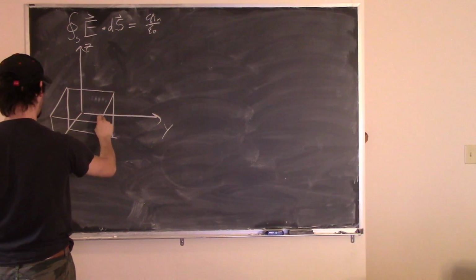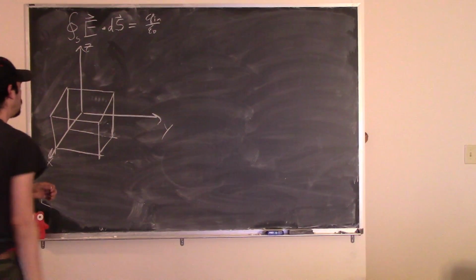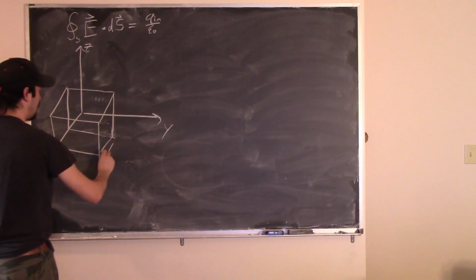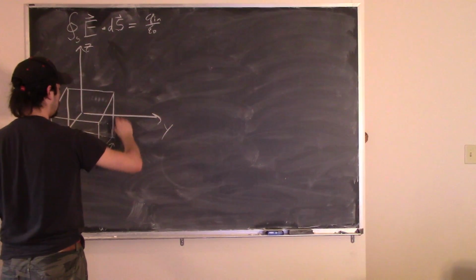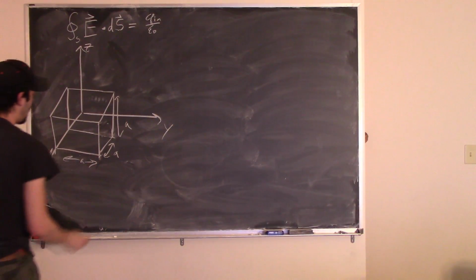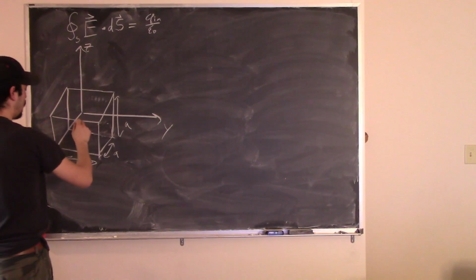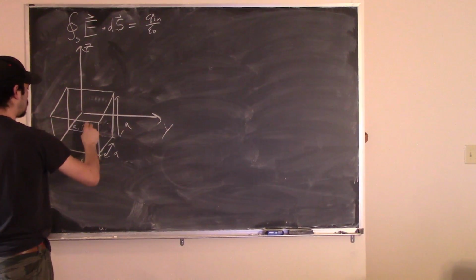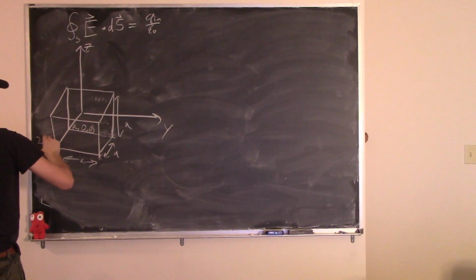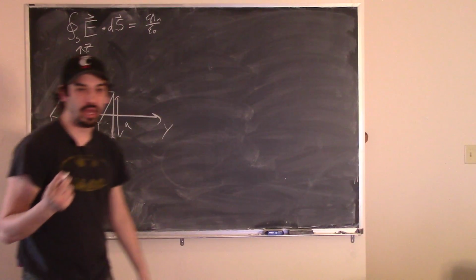Okay, so there's our cube, and we know that these have sides of a, and it's offset from the origin, so that this is some point a, comma 0, comma 0, and this is some point 2a, comma 0, comma 0. Okay?